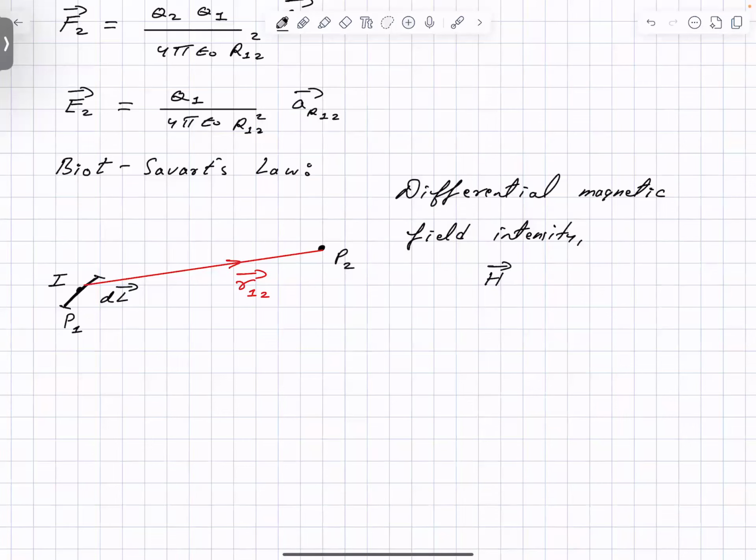And right now we're talking about differential magnetic field intensity, so we'll also have D.